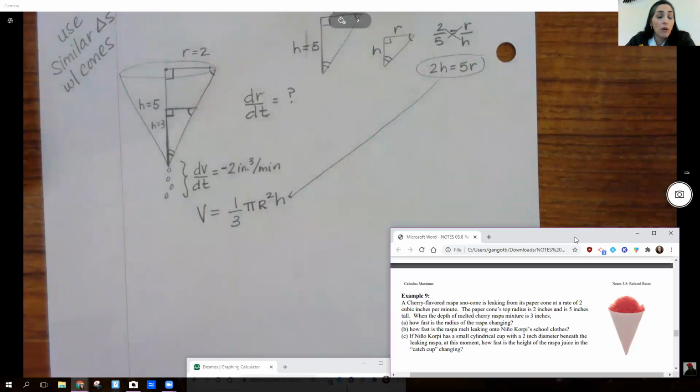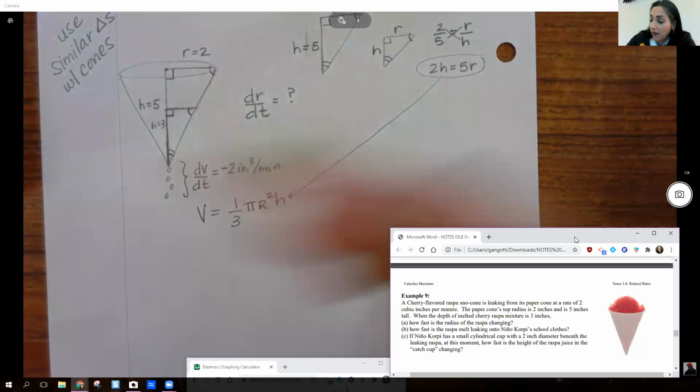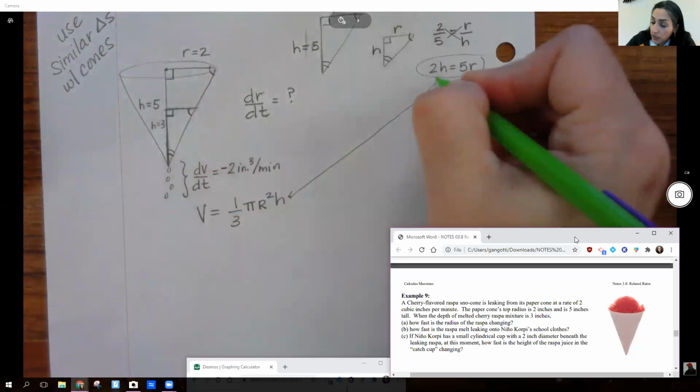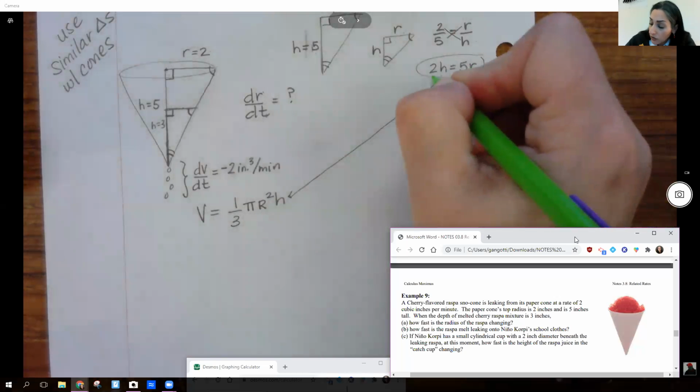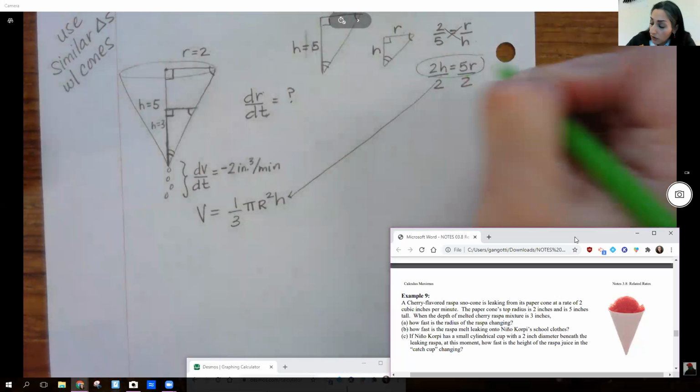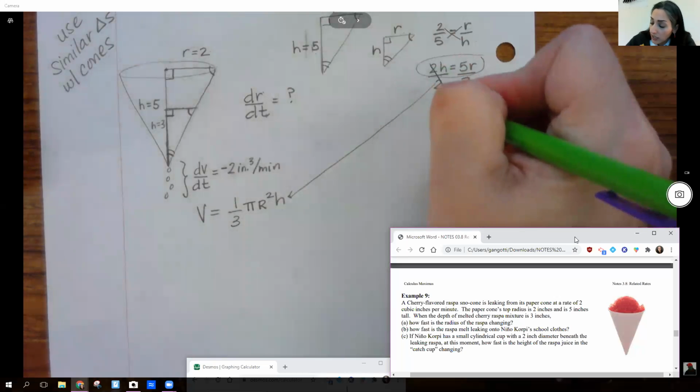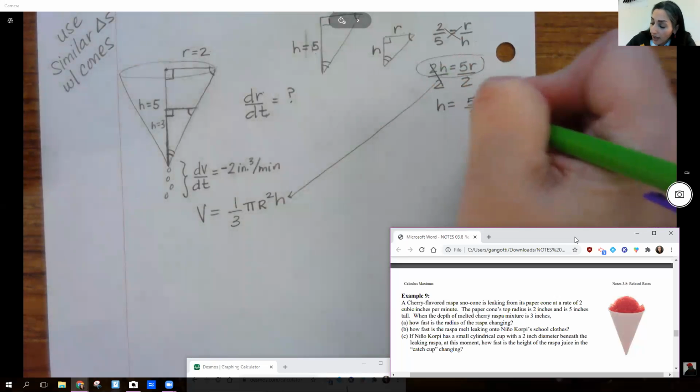So you're going to use this to help you out. Wherever you see an h, you're going to substitute in. Now, I didn't solve this for h. Let's actually get the h by itself, right? So divide by 2. So h actually equals 5/2 r.